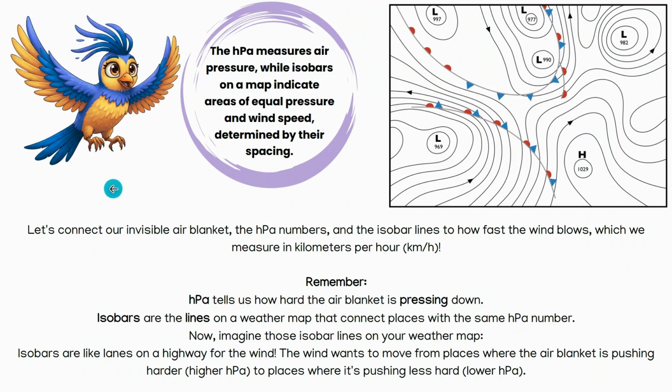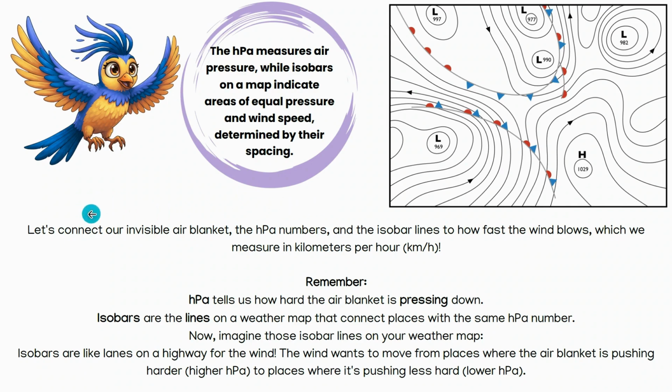So the hPa measures air pressure. The numbers you see on the map are in hPa, while the isobars, all the lines that you see here on a map, indicate areas of equal pressure, and wind speed is determined by their spacing.